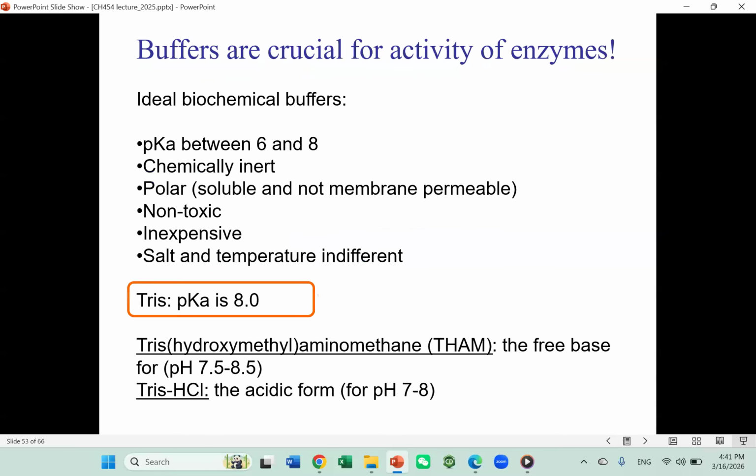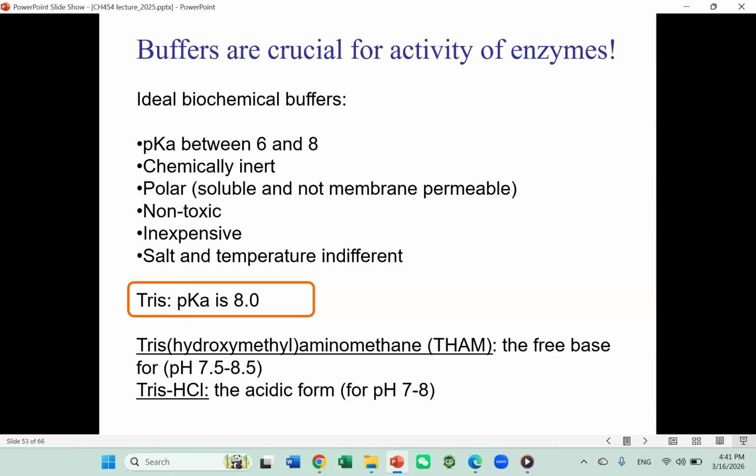For the buffer, there are some conditions you have to make sure of when you prepare it. First, the pKa should be about 6 to 8, which is close to our body's biological environment. Second, it has to be chemically inert, so you don't want some chemical reaction to happen when you add this buffer in. Third, it has to be polar, to make sure it is soluble with the enzyme and also not membrane permeable.